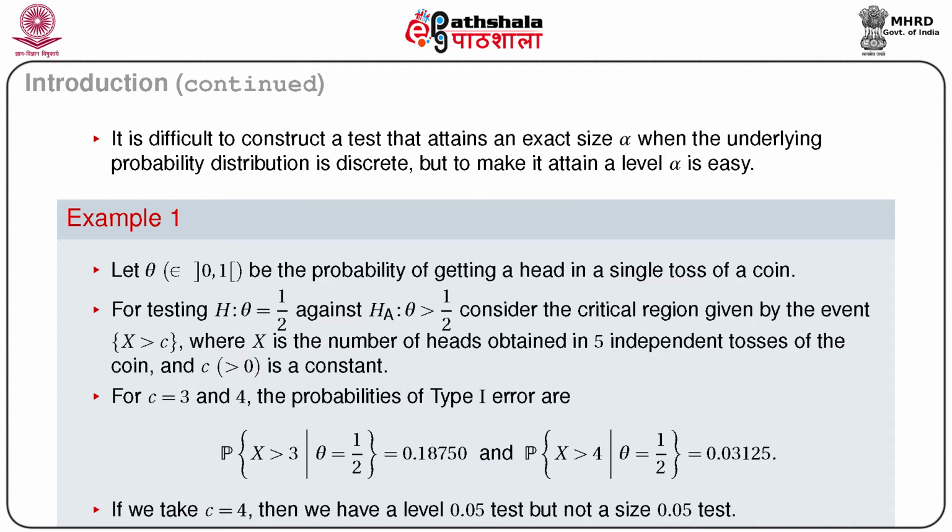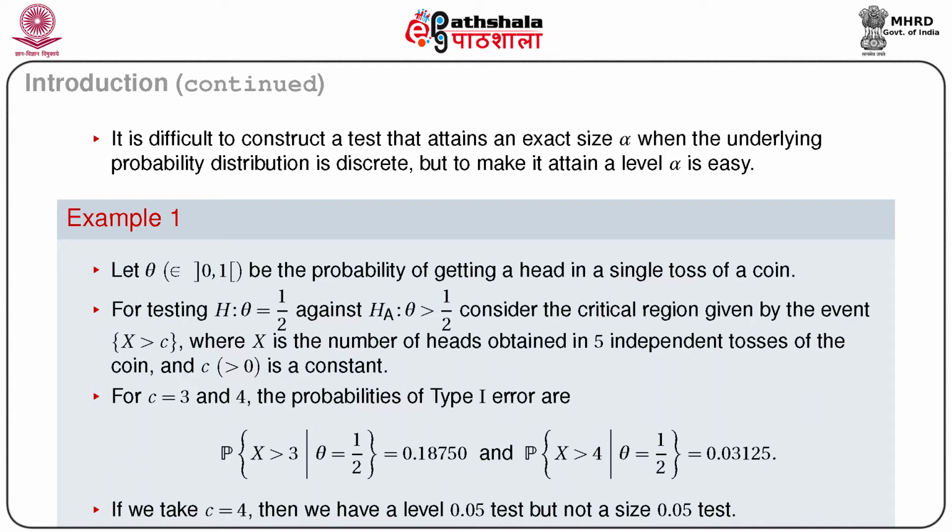For testing H0, theta equals half against HA, theta greater than half. Suppose the coin is tossed 5 times and H is rejected if the observed value of X is greater than C, where X denotes the number of heads in 5 tosses of the coin and C greater than 0 is a constant.